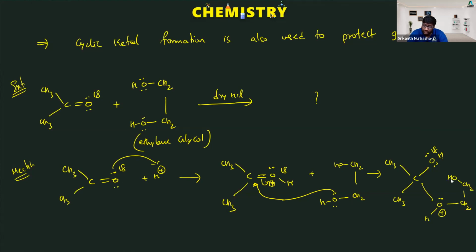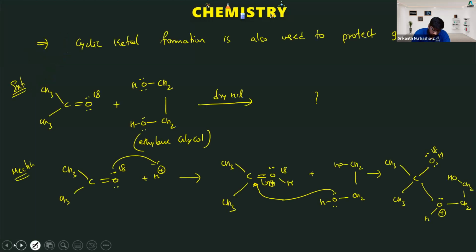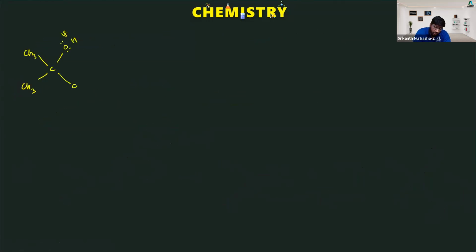So that compound we have written: CH3, C, CH3, O18, H, and the oxygen connected with one lone pair and a positive charge and OH bond, connected with CH2, CH2OH.